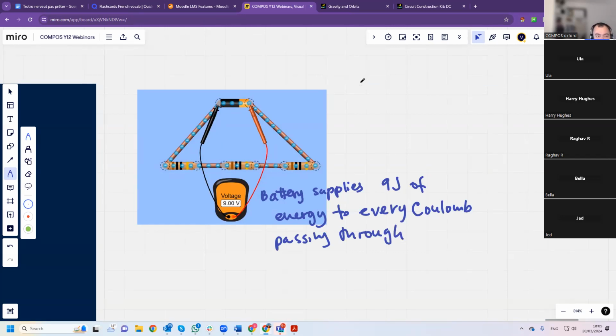And a coulomb, I just remind you, 1 coulomb is just a bag of electrons. Okay, you should be familiar with this. Bag of electrons.